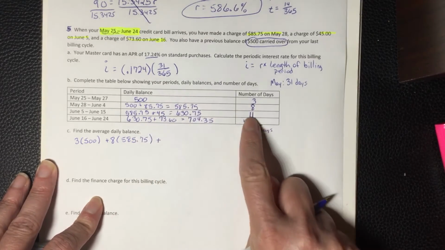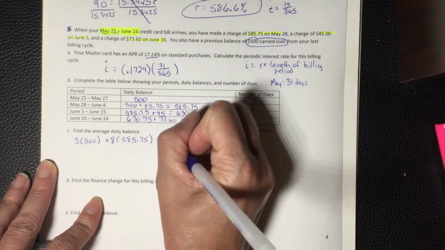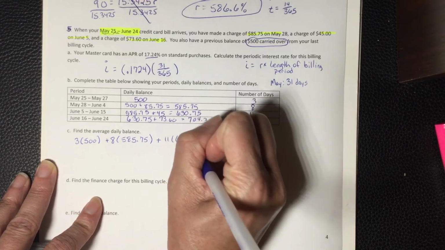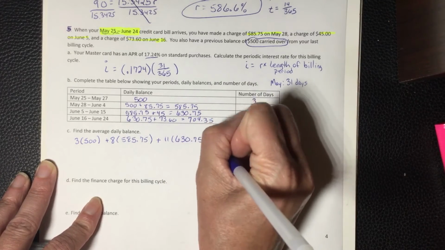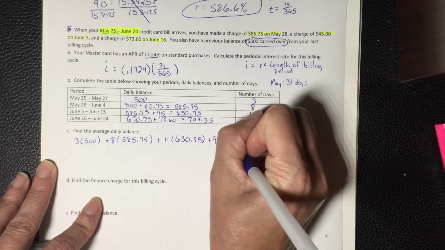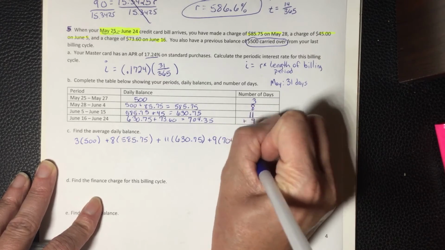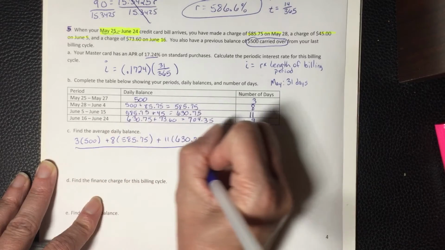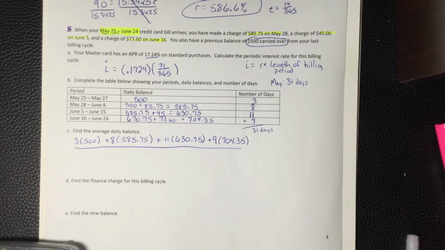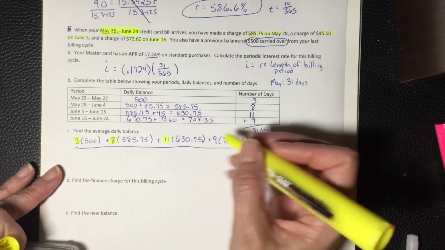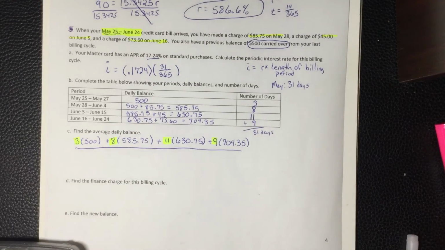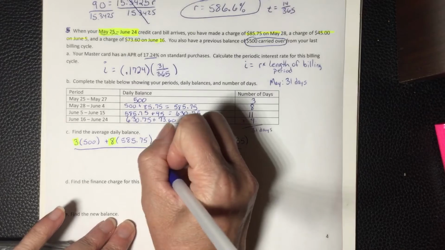So moving down, 11 days we had a balance of $630.75. And then finally for 9 days, we had a total of $704.35. So here's all your days, and we know that they add up to be 31. So we're going to divide that by 31.